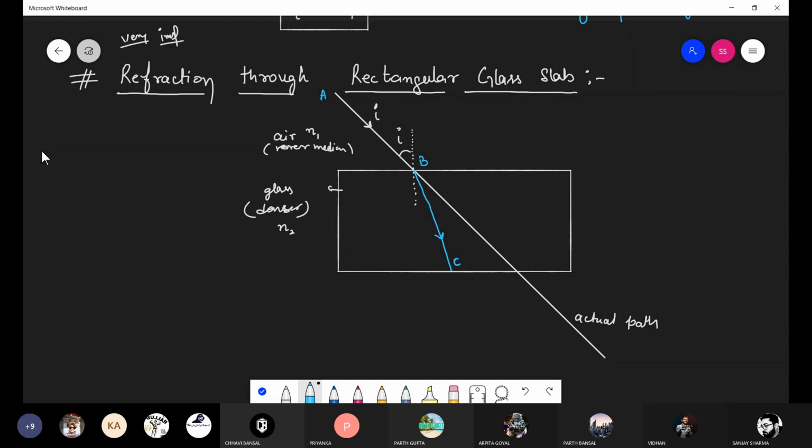So what are the nomenclatures here? AB is the incident ray and BC is the refracted ray.